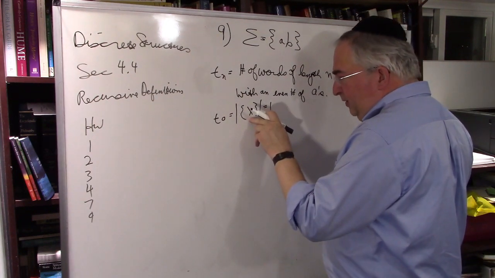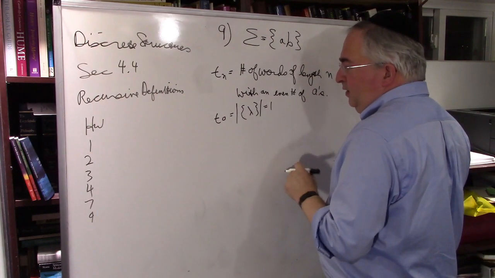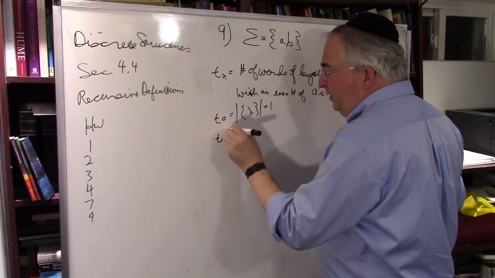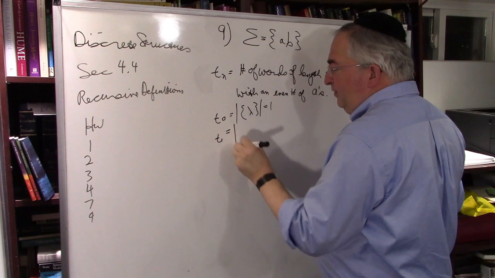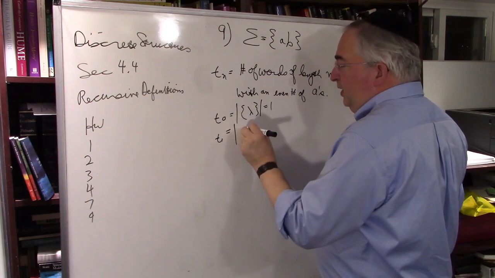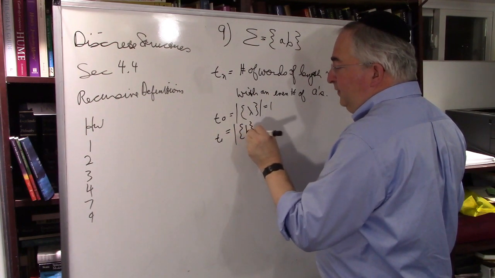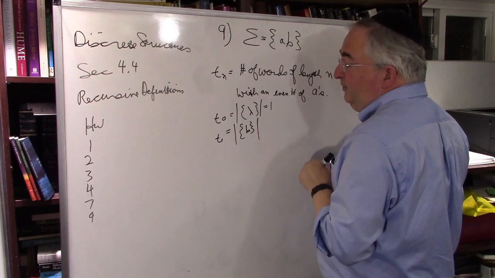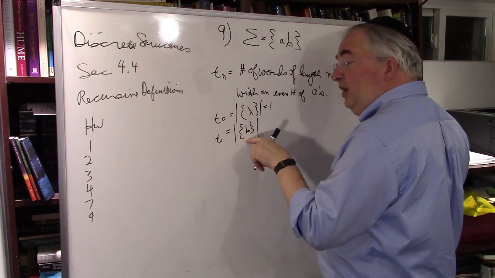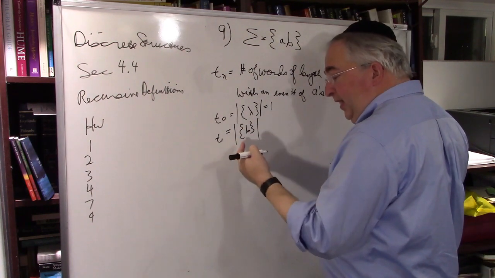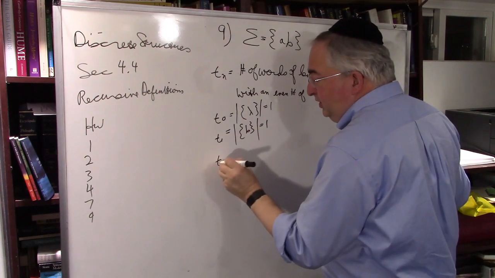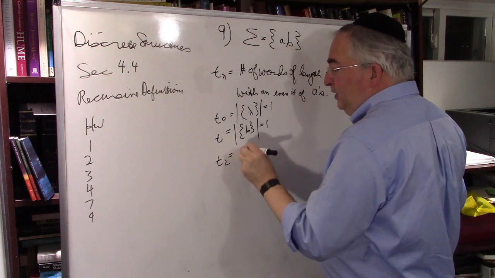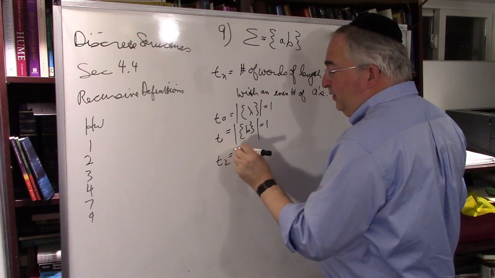T1 is equal to words of length 1 that have an even number of A's. So just B. That's the only word, because if you put in an A, that would have 1 A, and that would be odd. So that's 1.